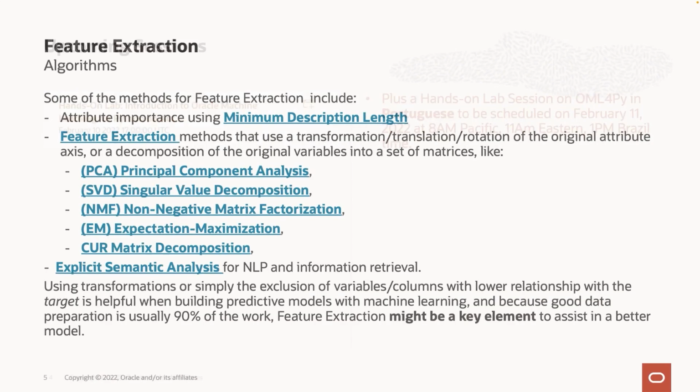Right. So to talk about feature extraction, there are several algorithms. Differently than before, when we talked about classification or regression, there are algorithms that do a little bit of different things. The feature extraction methods that we have include attribute importance. We have a specific algorithm called the minimum description length.